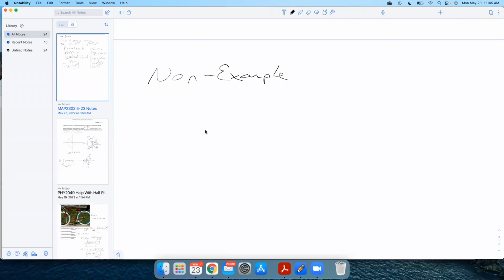Let's say we had, like here, looks like a pretty simple DE. It's not that complicated.